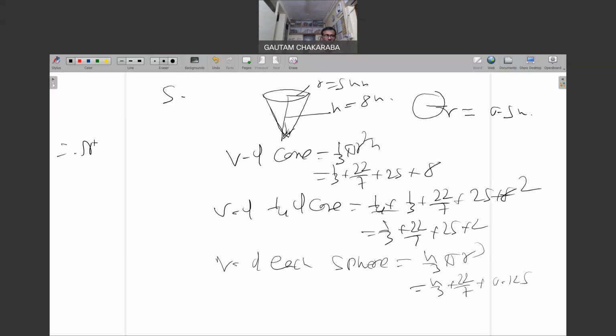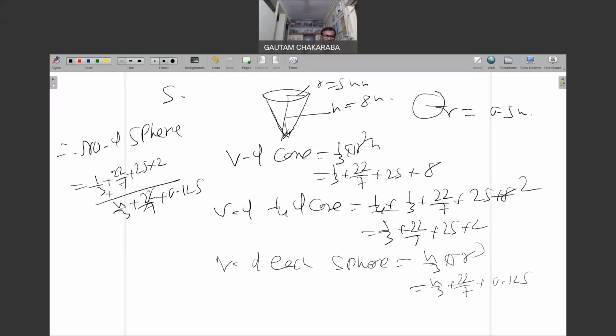So therefore, number of spheres is equal to 1 by 3, 22 by 7, 25 into 2, divided by 4 by 3, 22 by 7, 0.125.